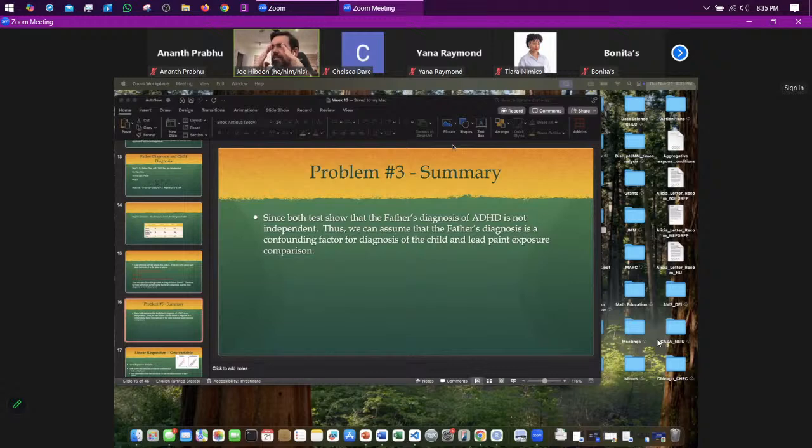So it's two pieces, and we have to show it's statistically significant in both. If only one showed, we would say we didn't have enough evidence to show that it was a confounding variable. If neither of them showed, we'd say we don't have evidence at all. So enough versus none.